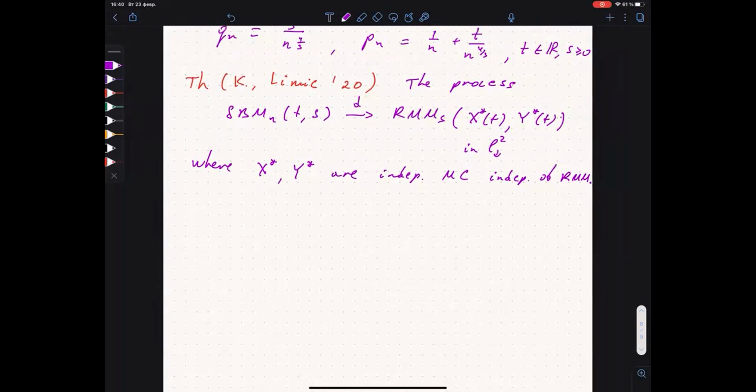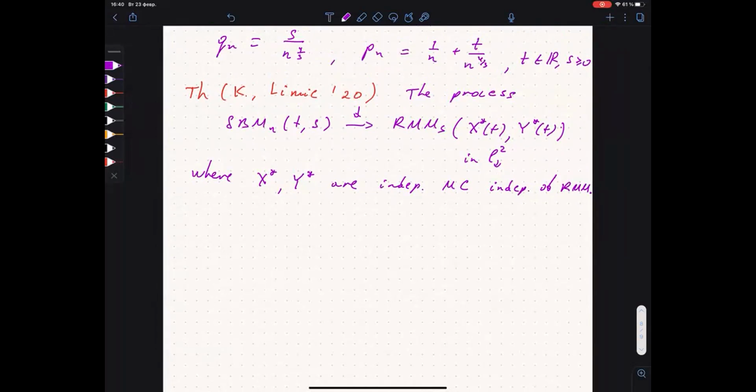So do we have convergence for fixed t and s? Right. When we fix t and s, we have the convergence. And at the moment, we cannot improve that result.